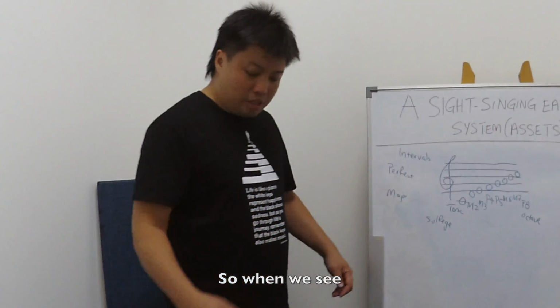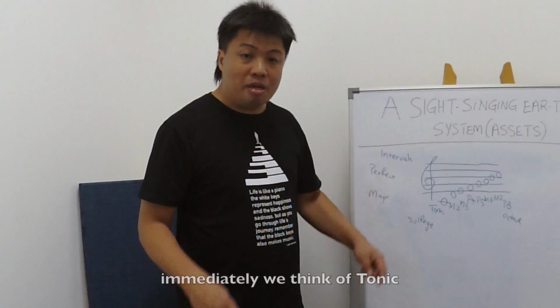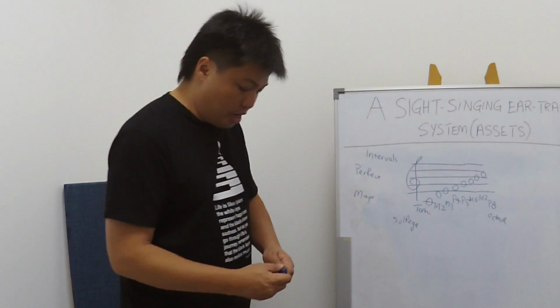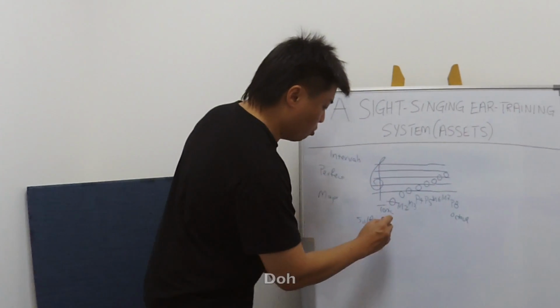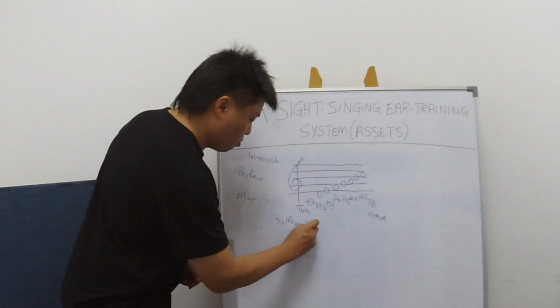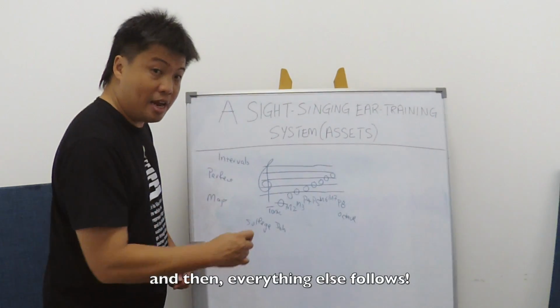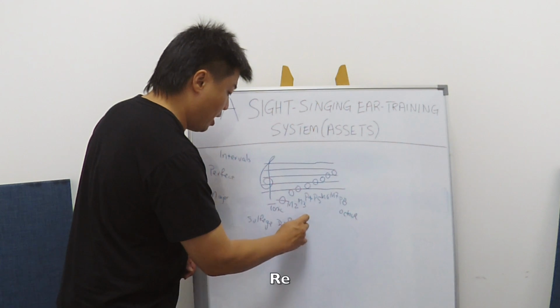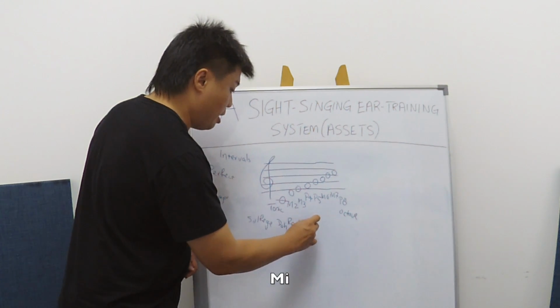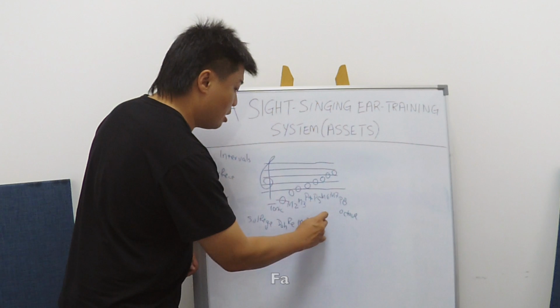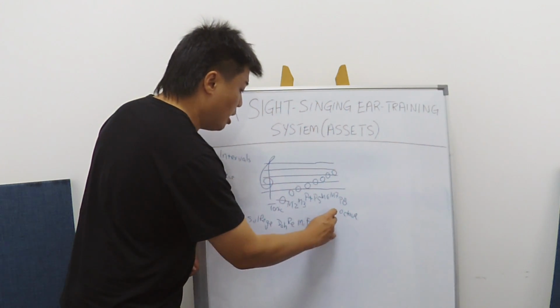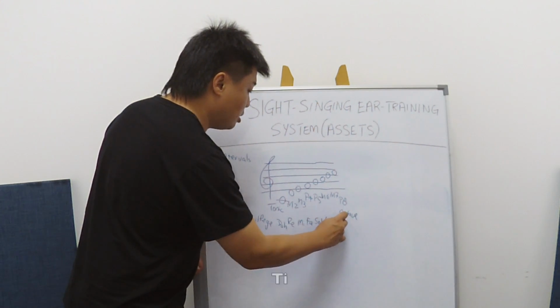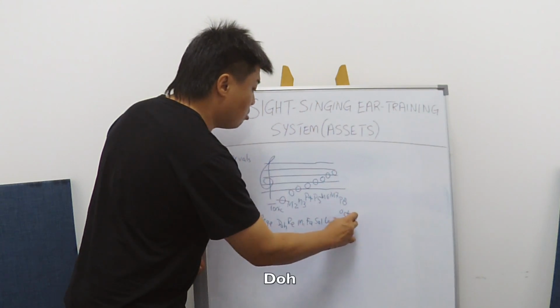So when we see a scale, immediately we think of tonic as Do. And then everything else follows. Do, Re, Mi, Fa, Sol, La, Ti, Do.